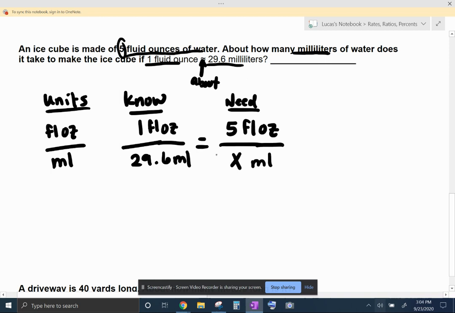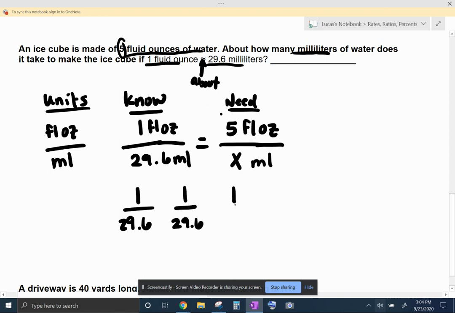I just try to go from two things that we know, either in the top or the bottom. Let's think about this for a second. If 1 fluid ounce is 29.6, if I were to add another fluid ounce, that'd be another 29.6.